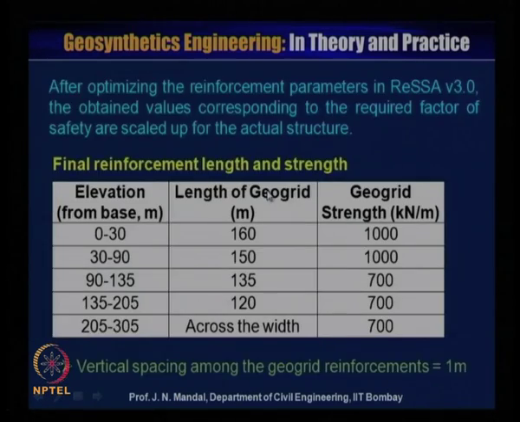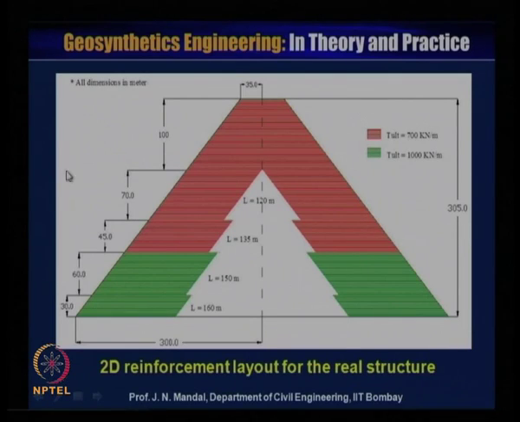Next, 135 to 205, the length of the geogrid is 120 meter and the ultimate strength is 700 kilonewton per meter.